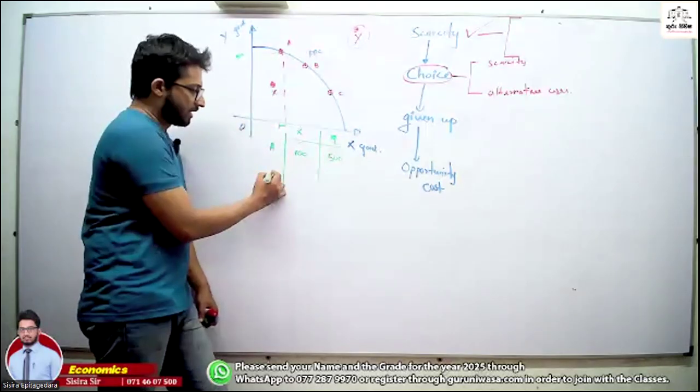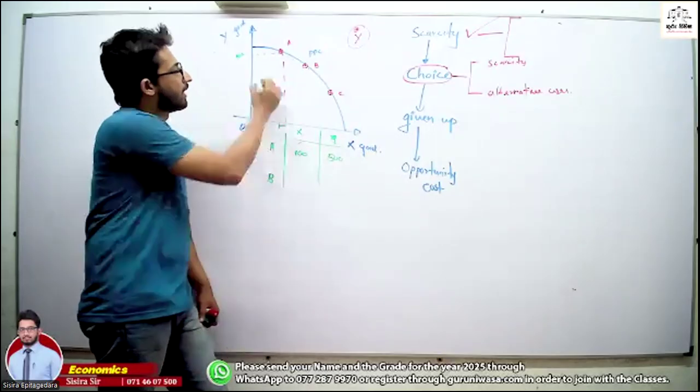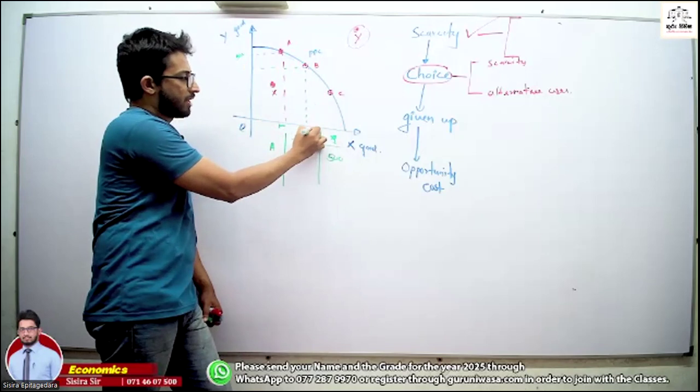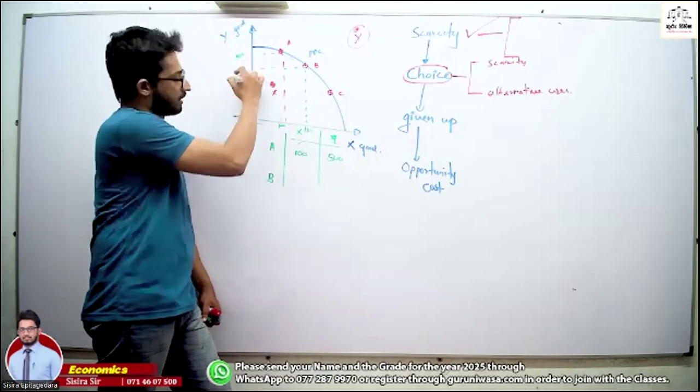Or point B: assume X production 150, Y production 300.